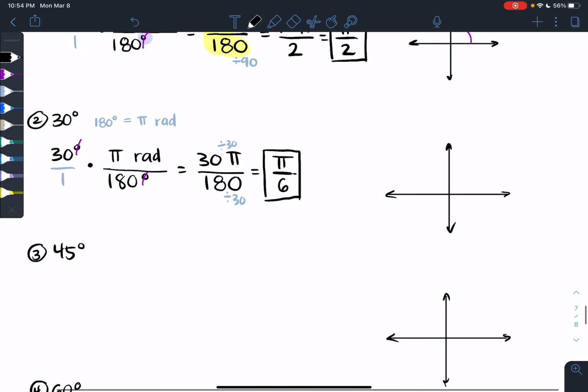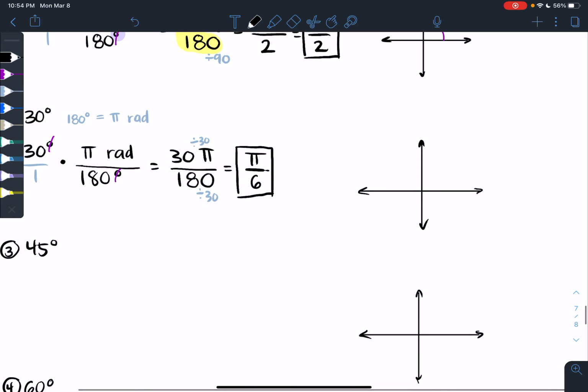When we draw that on our coordinate plane, 30 degrees is approximately this length right here. So we could say it is equal to pi over 6 radian.